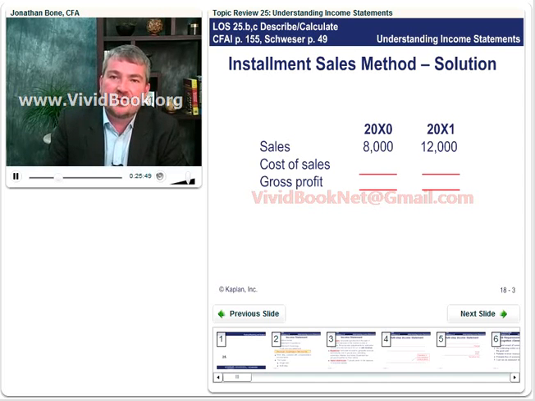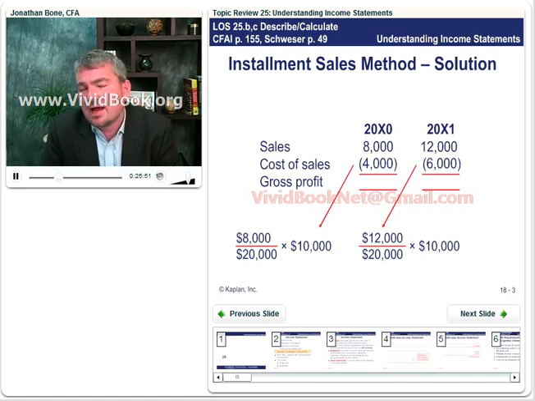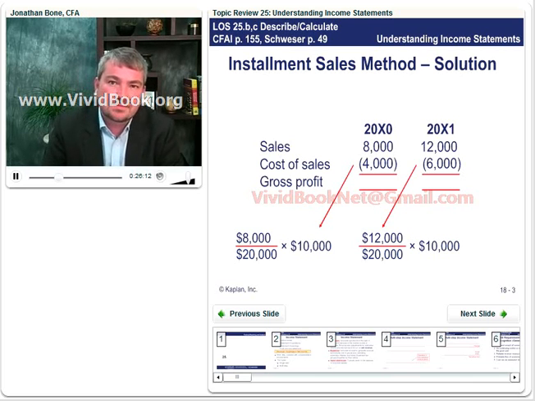So notice you get $4,000 in X0 and $6,000 in X1, computed as the proportion of cash collected to date: $8,000 over $20,000 times the cost of the inventory you've sold, $10,000. That's $4,000 in X0. In X1 we've received $12,000 out of a total of $20,000, so 12/20ths times $10,000, and we get $6,000. So our gross profit is $4,000 in X0 and $6,000 in X1.